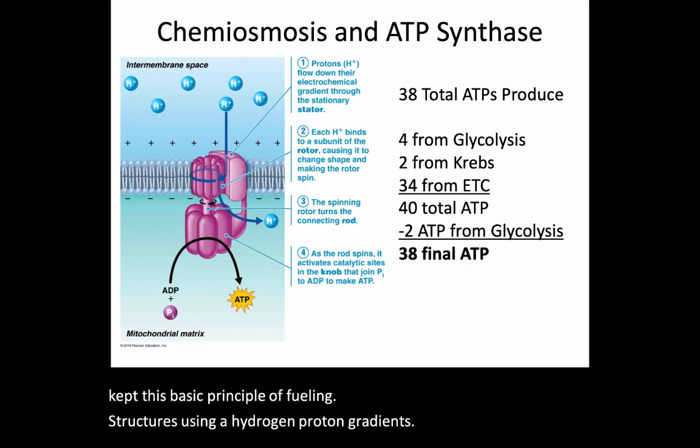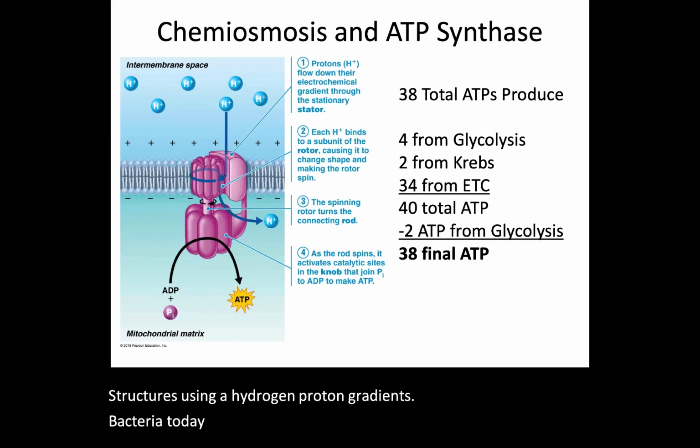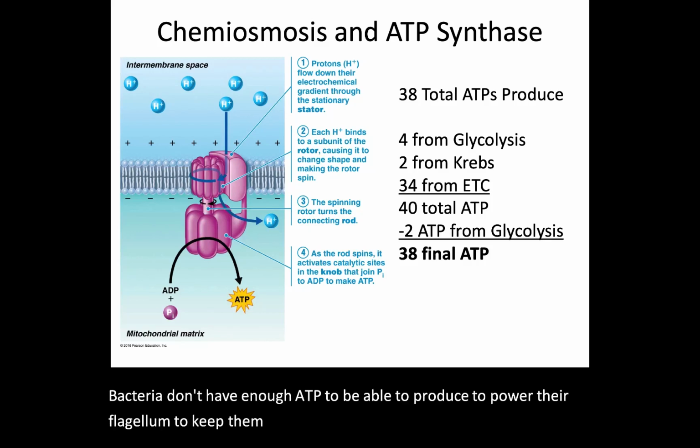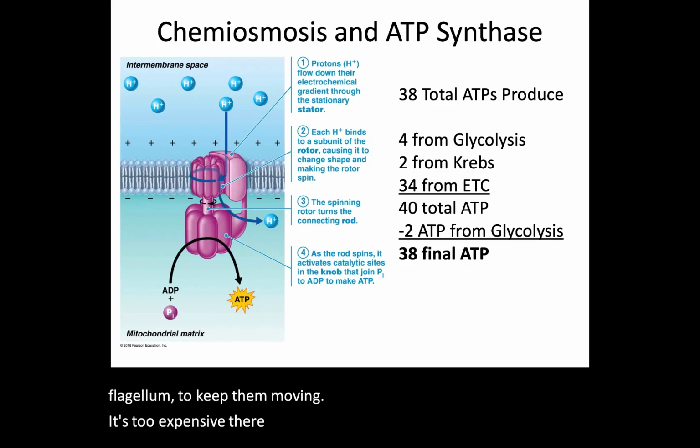Bacteria today still use hydrogen proton gradients to fuel its little flagellum. Bacteria don't have enough ATP to be able to produce to power their flagellum to keep them moving. It's too expensive. They're too tiny. They would burn out.